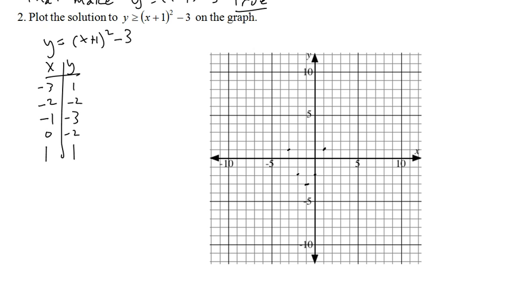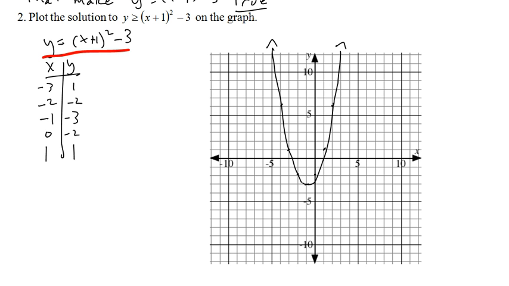And we go over 3, up 9. So what's that going to be at 6? There we go.